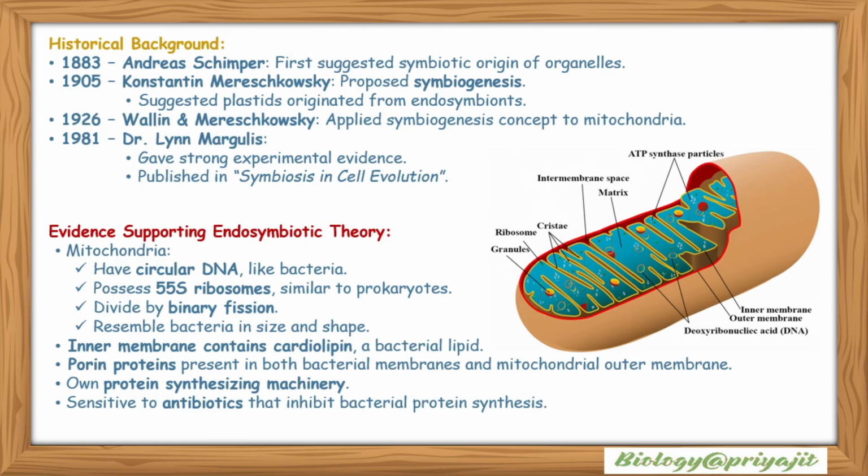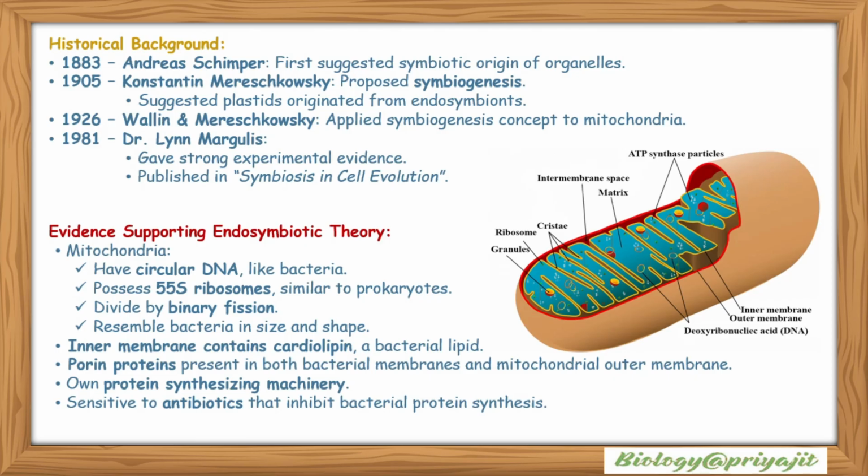In 1926, Wallin and Mereschkowsky applied the symbiogenesis concept to mitochondria, and in 1981, Dr. Lynn Margulis gave strong experimental evidence, and her idea was published in Symbiosis in Cell Evolution.